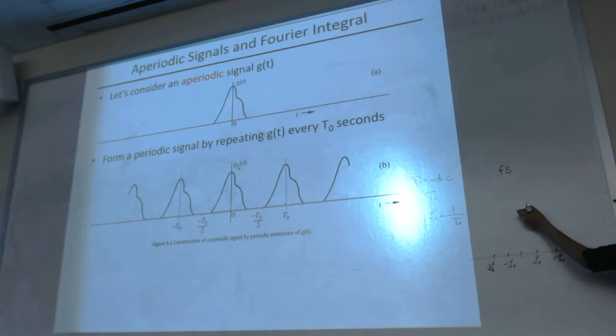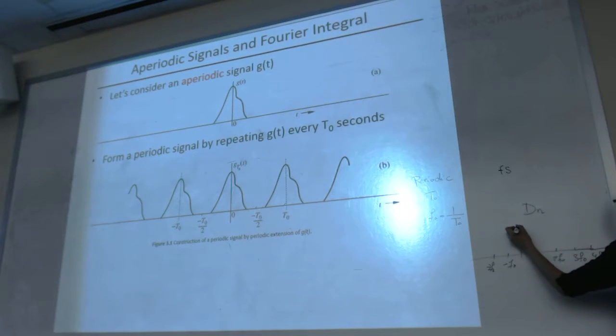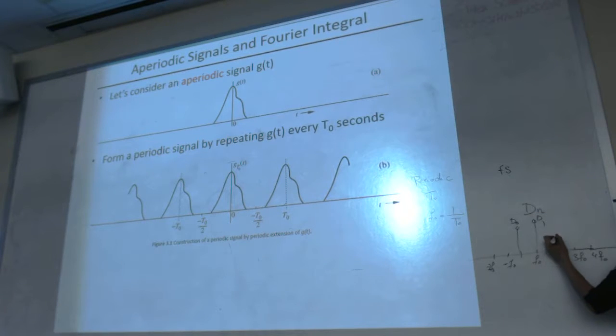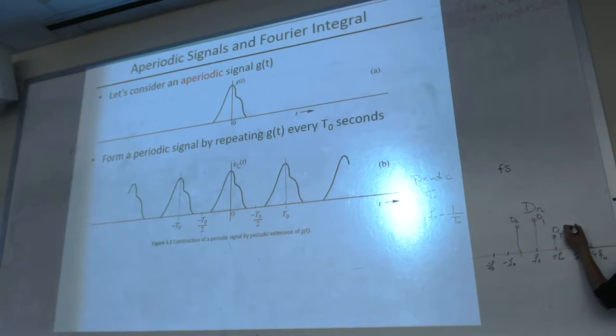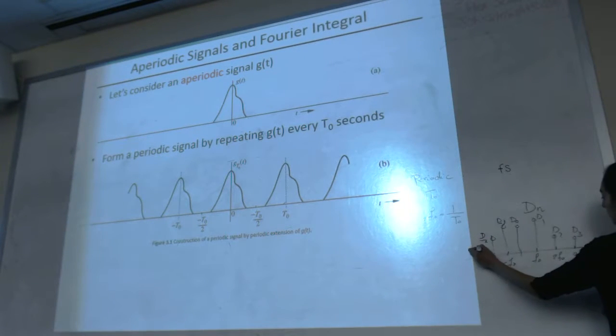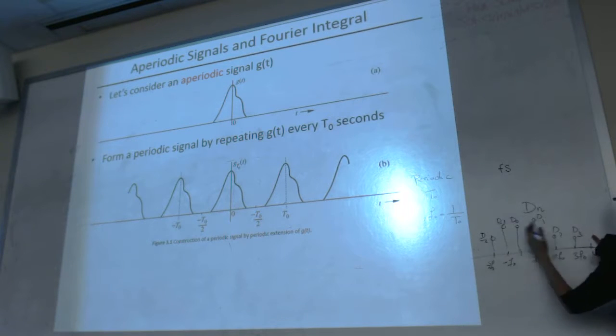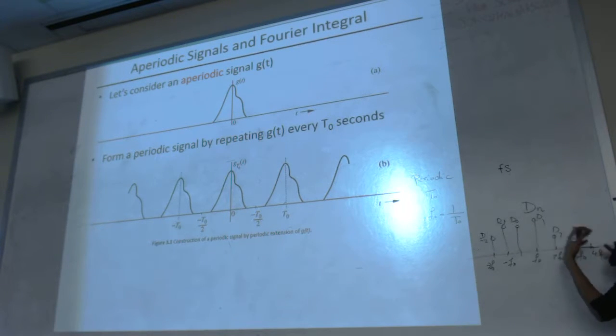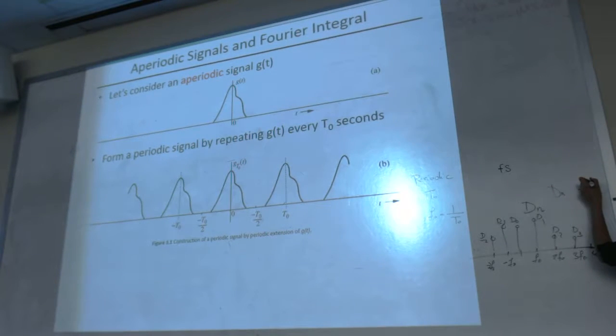So basically, if you plot Dn, you have a DC component. You have D0 as your DC component, you have D1, D2, D3, and then correspondingly D negative 1, D negative 2. And you remember, what's the relation between Dn and D minus n? They are conjugate symmetric, right?